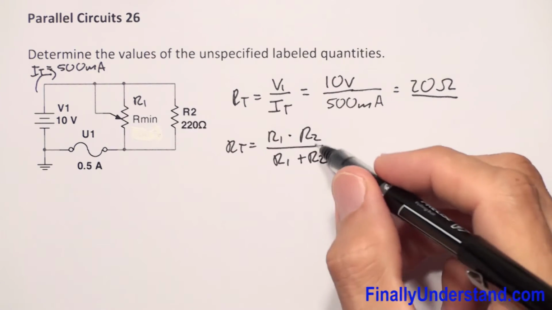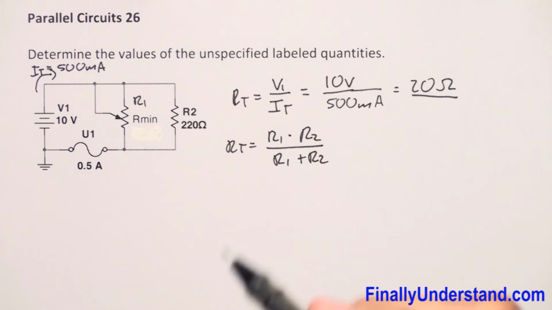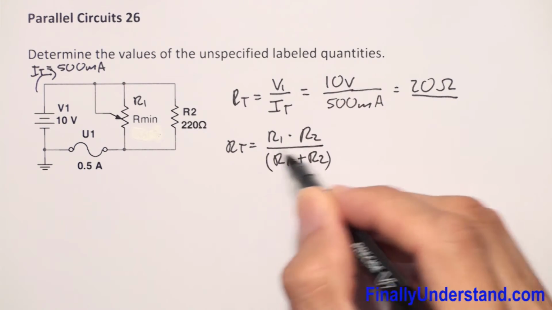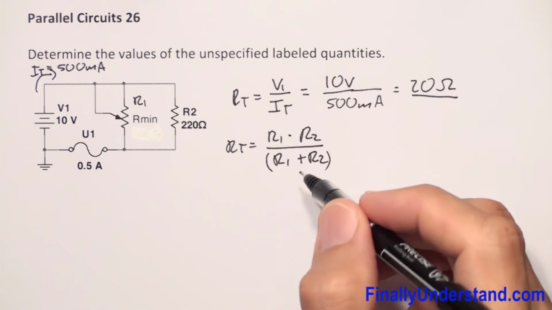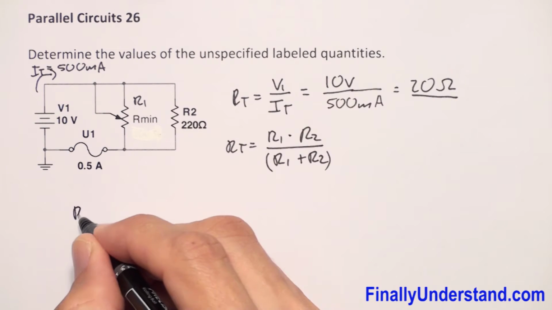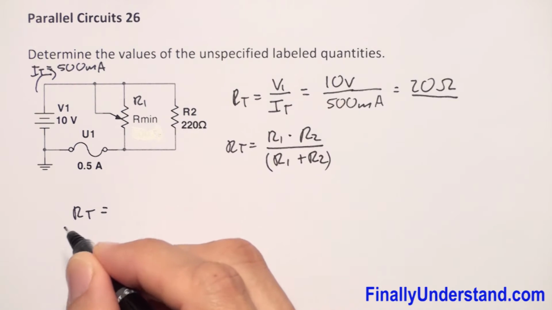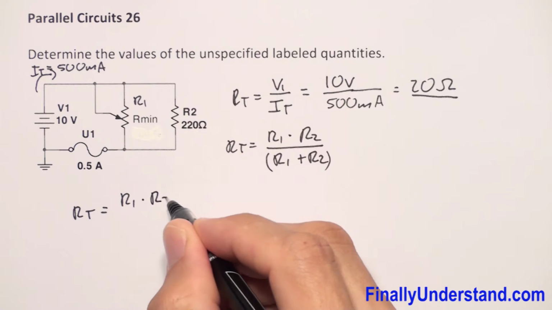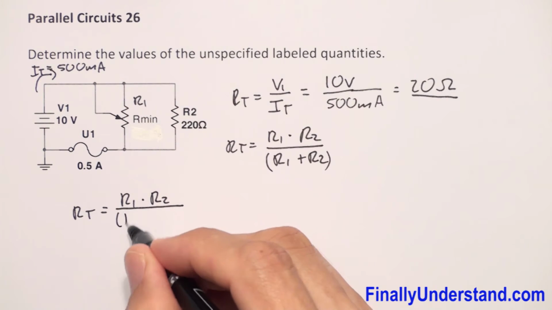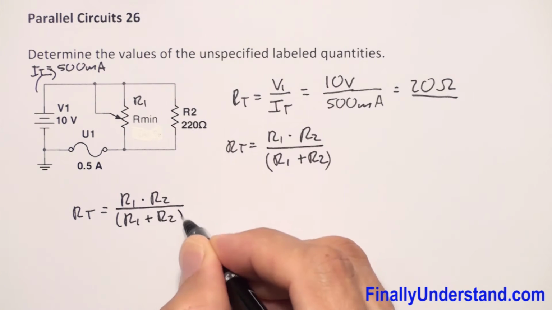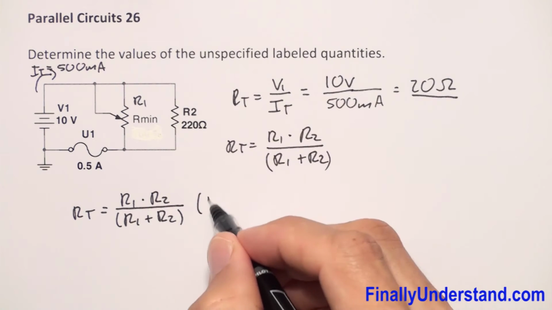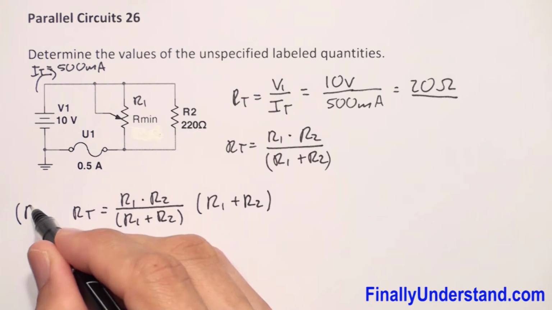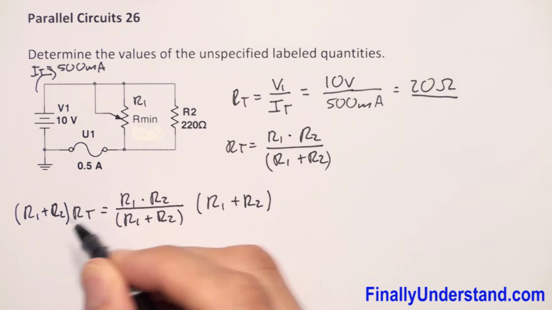So in order to do so, I have to eliminate the fraction. How do I eliminate this fraction? I'm going to simply multiply both sides of my equation by the denominator. So I have R total is equal to R1 times R2 over R1 plus R2, multiplied by the denominator R1 plus R2, and we have R1 plus R2 on the left.